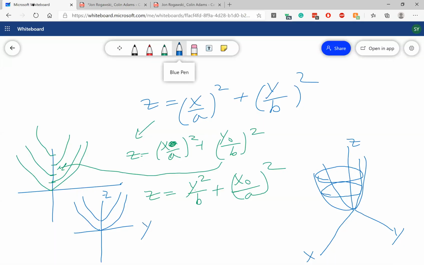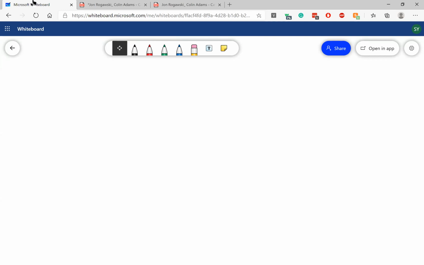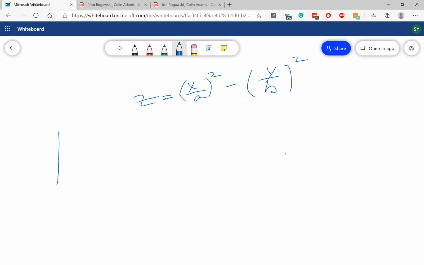Okay, here, let's go here. So again, we're looking at the equation z is equal to x over a squared minus y over b squared. So here's our axis.